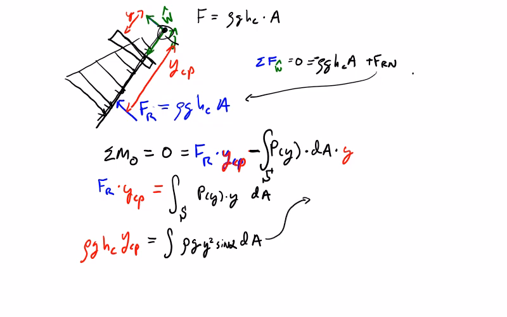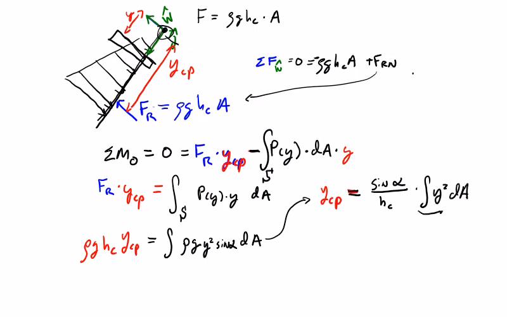So now we can say that ycp equals the rho g's are going to cancel, right? And the sine alpha is going to come out, so we have sine alpha over hc times the integral of y squared dA.